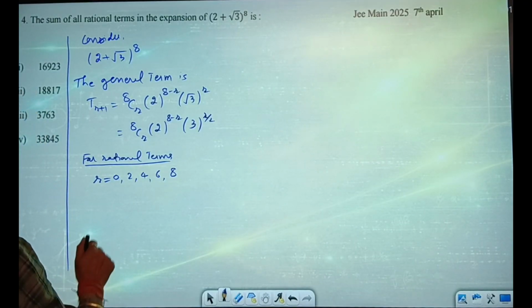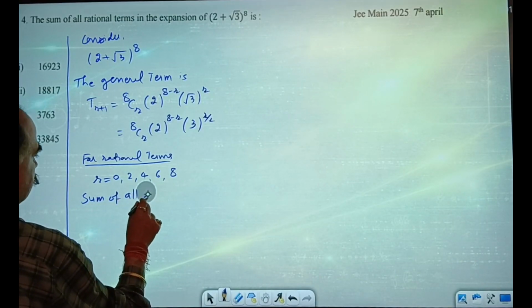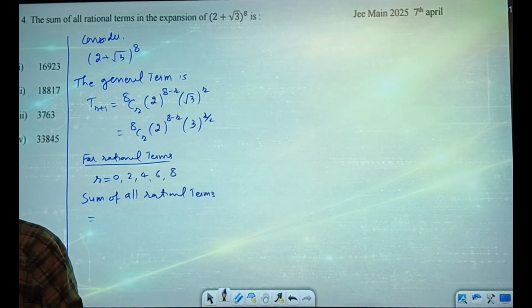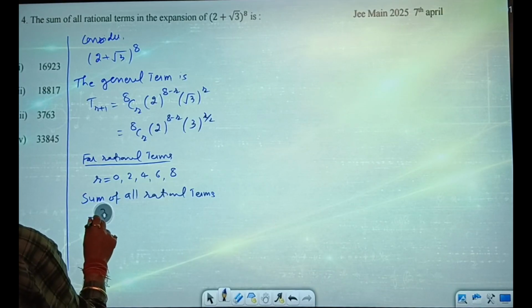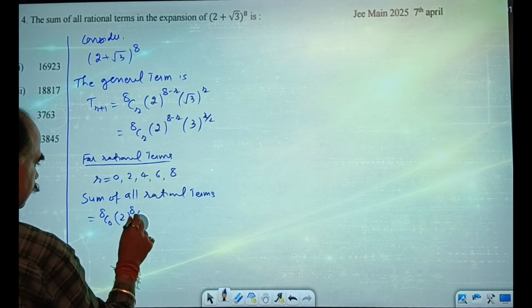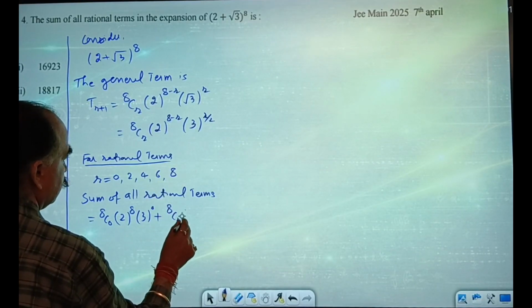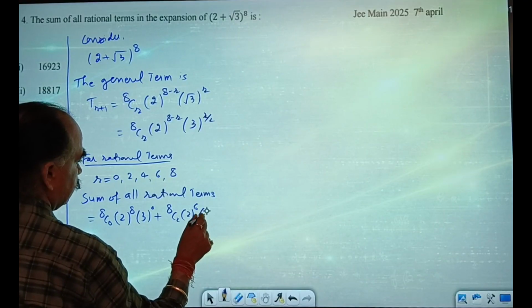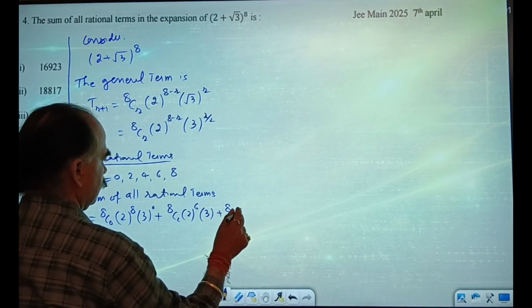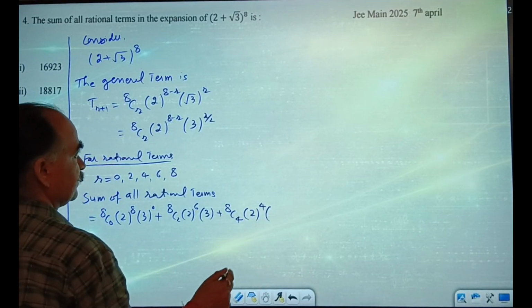So the sum of all rational terms will be: when r is 0, you get 8C0 2^8 3^0, plus 8C2 2^6 3^1, plus 8C4 2^(8-4) which is 2^4, and 3^2.